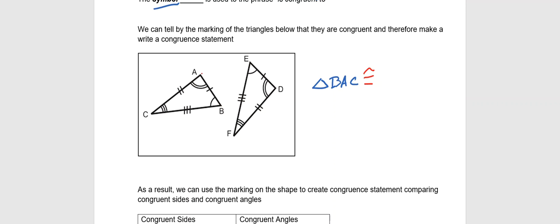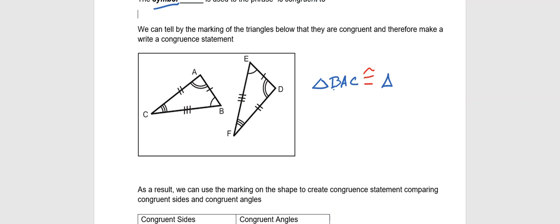I chose to move to the angle that has the double arcs marked, and then I moved to the angle that has triple marks. As a result, that establishes the way in which I'm going to move around the other triangle so that I can match up the corresponding angles. Corresponding means the partner or matching angles on the other triangle.